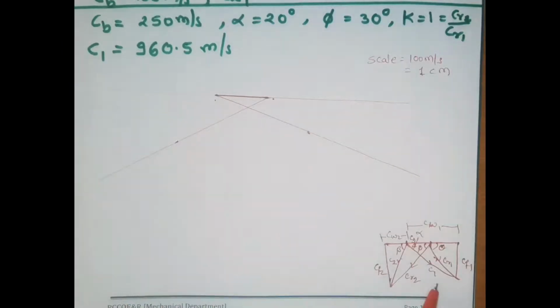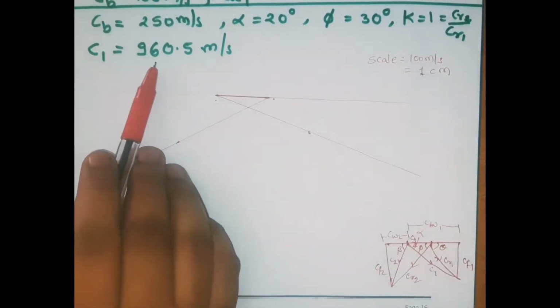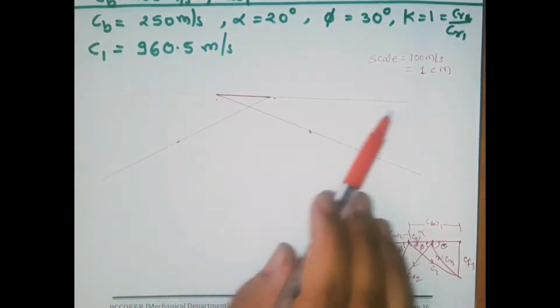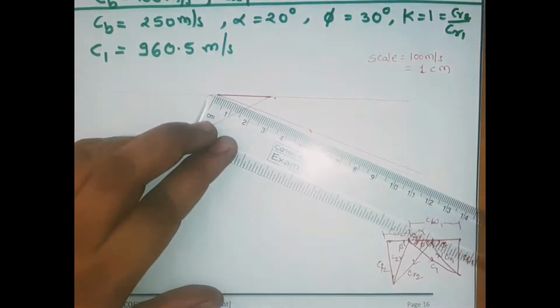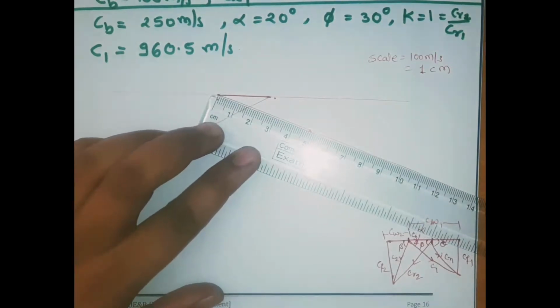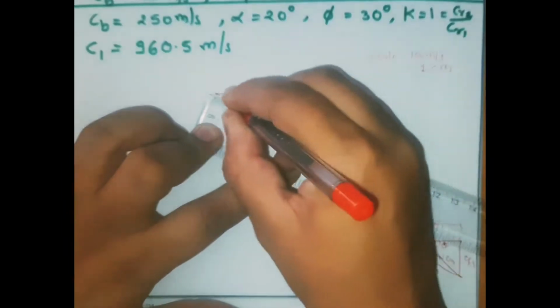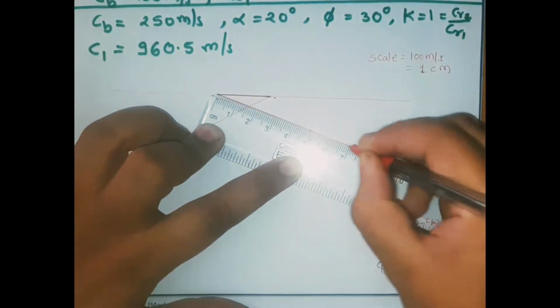Now on alpha we are having C1. So C1 is 960.5 meter per second. If we use the scale, it will be 9.6 approximately, so 9.6 centimeter. So this will be the C1.